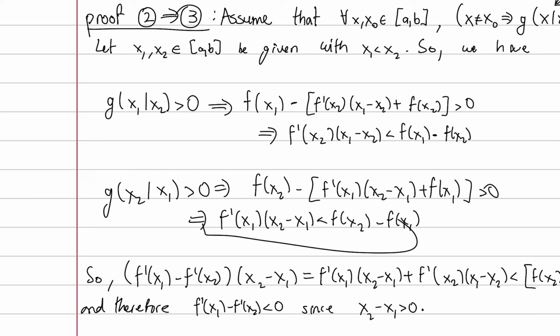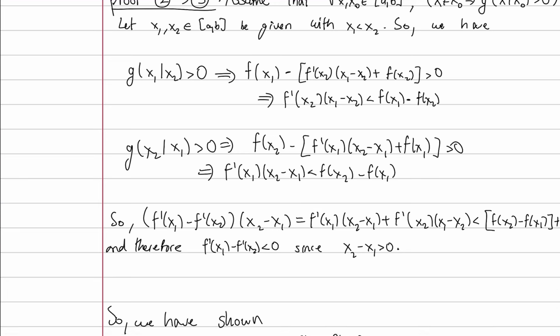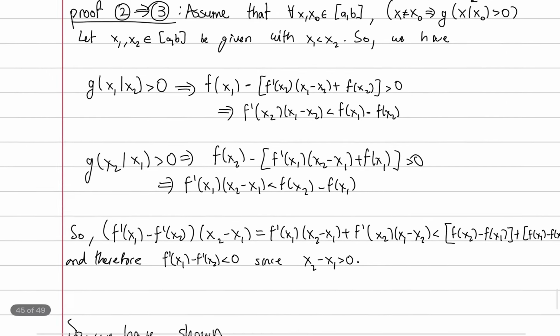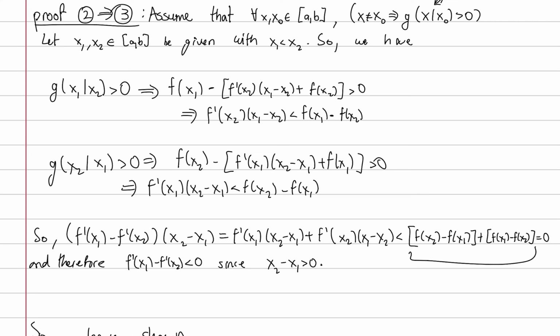So if we divide by this here and we divide by this here, what do we get? We get that f prime of x1 minus f prime of x2 times x2 minus x1 is equal to f prime of x1 times x2 minus x1 plus f prime of x2 times x1 minus x2, and that is less than this. But what is this actually?